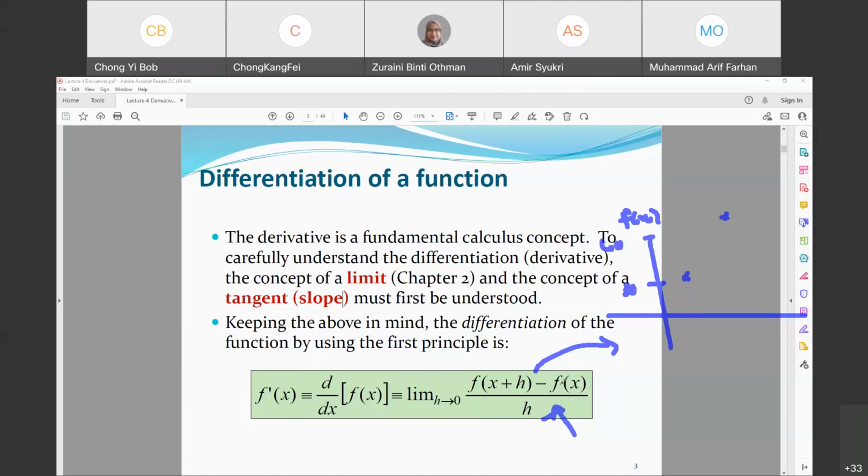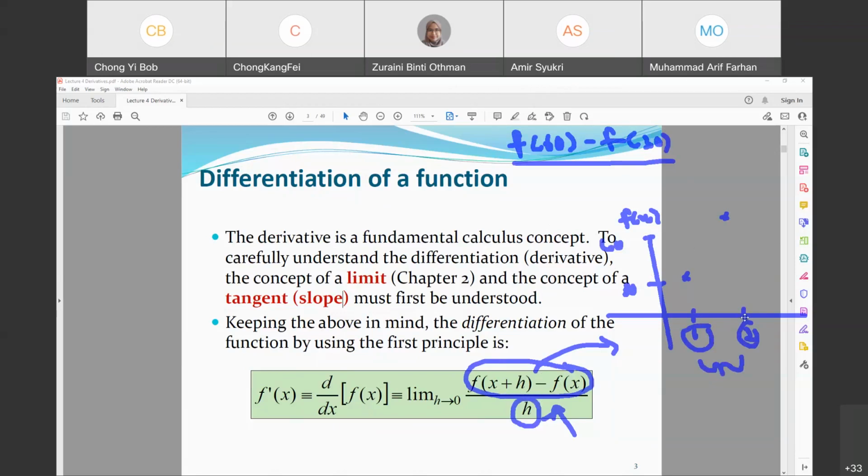Maksudnya kat sini yang ni ialah f(60) tolak f(30), bahagi dengan, yang ni tadi ialah masa 1 jam and ini ialah masa 2 jam, 2 tolak 1. This is the h, which is dia punya jarak di antara ni, which is ini ialah x2 tolak x1.